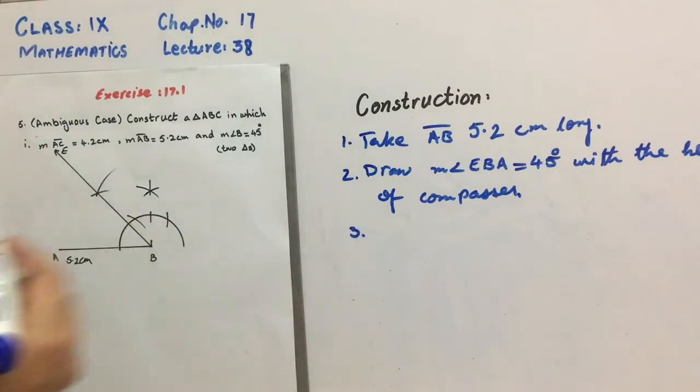Step number 3. Now I have the measurement of AC which is 4.2 centimeters.